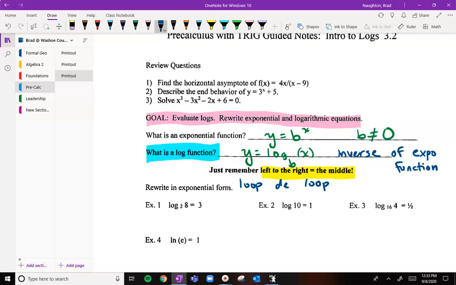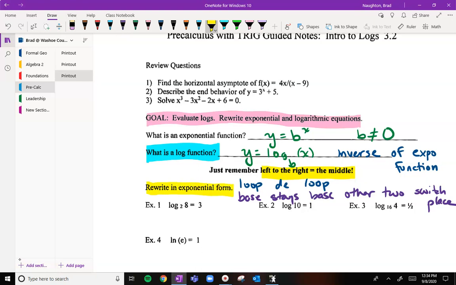And then a personal favorite of mine, the one I like to use, is that your base stays base and the other two switch place. So I would talk to each individual teacher and decide which method works best for them and go from there.